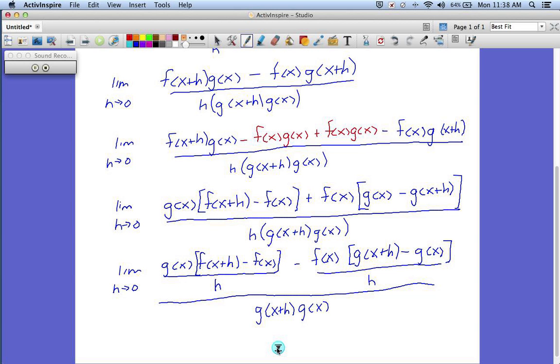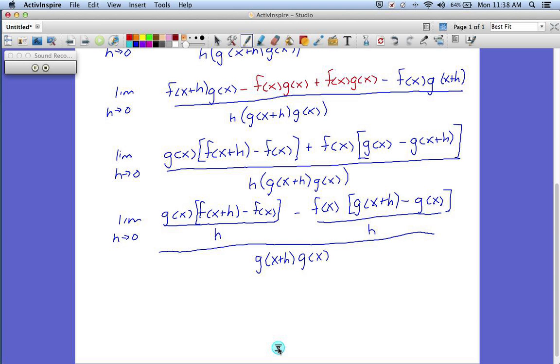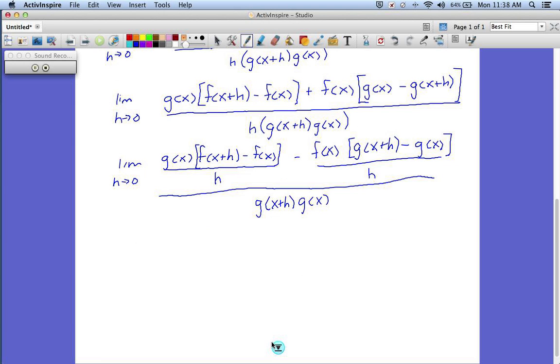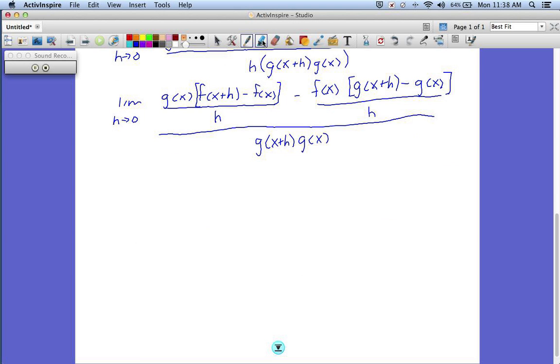Now, I know you all think I'm incredibly clever because I thought of that, but I really didn't. I just recall it. So what we have here, we nicely have our limit definition for the derivative of f, our limit definition for the derivative of g. And down here, remember, we're taking the limit of this whole big fraction. The limit as h approaches 0 of g of x is g of x.